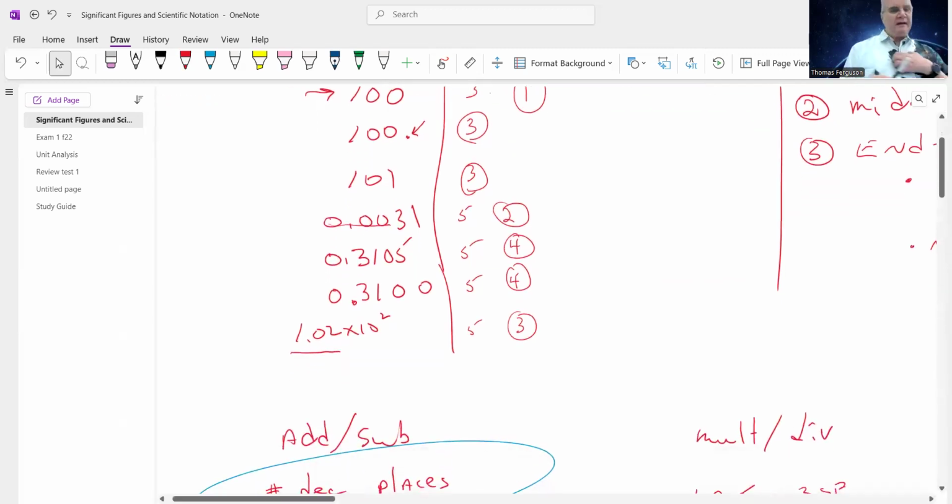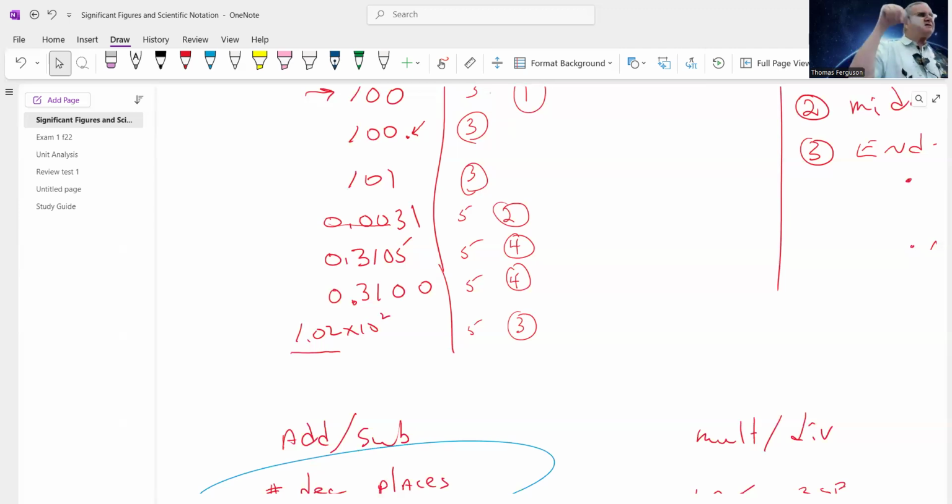Okay, we have a 0 again on 101. That's in the middle. Middle zeros always count. They're placeholders. 0.0031. Beginning zeros never count. So it's 2 sig figs. The next one down, we have a beginning 0 and a mid 0. The mid 0 counts, beginning doesn't. So that's 4.